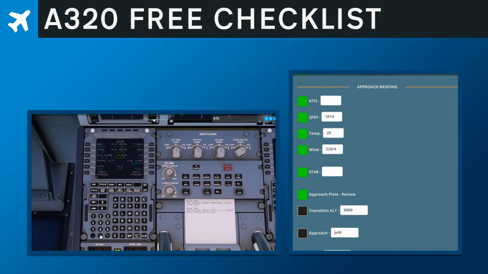Temperature we have at 20. And the winds are 220/4. So we're coming in at 25, so we can expect a slight left crosswind. The missed approach is 230. Okay, that's good.